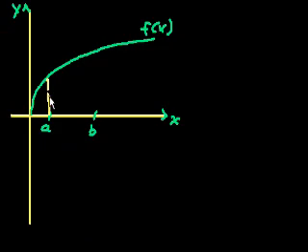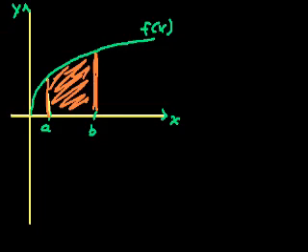Let me do a different color. If we wanted this area right here, we would, as a review, be summing up a bunch of rectangles, where each rectangle has a width dx, and its height at that point would be f of x, right?